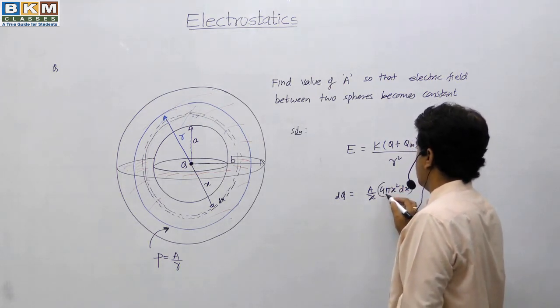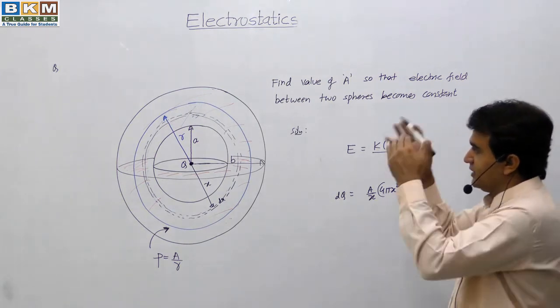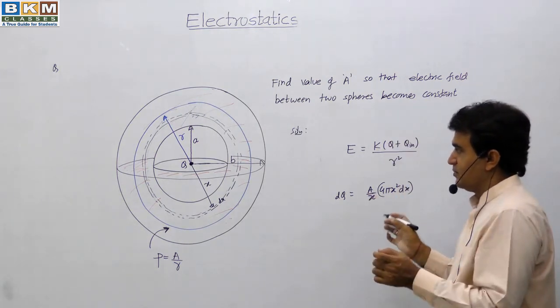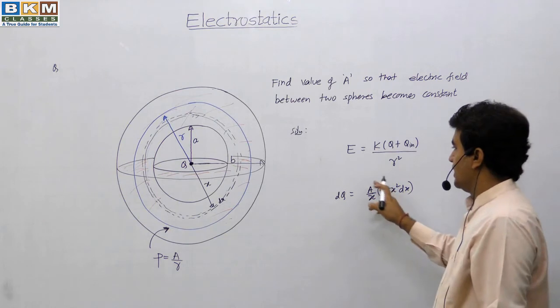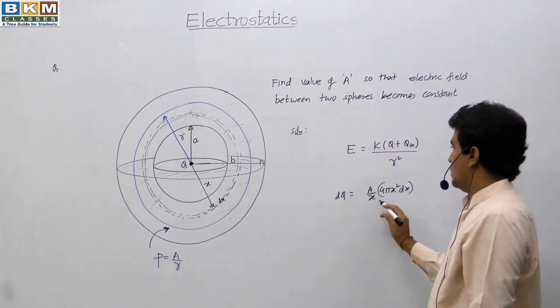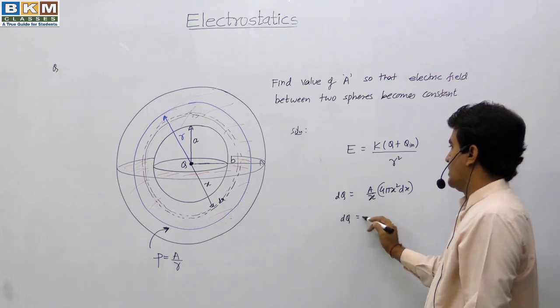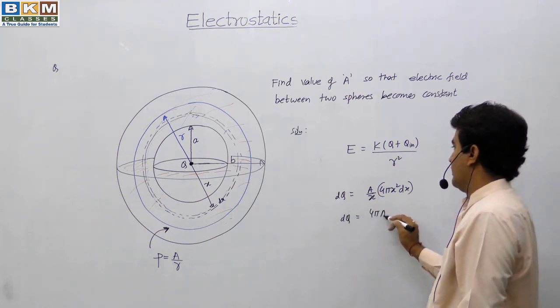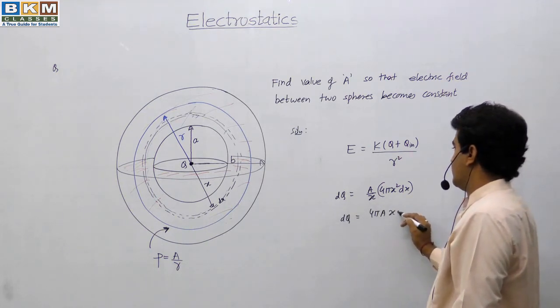Charge per unit volume into volume gives the charge in this region. So dq becomes 4 pi A x dx.